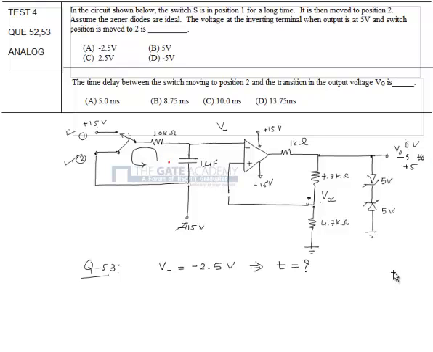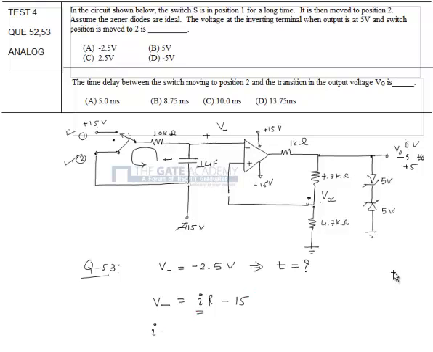So that depends only on discharge of this capacitor. Now let me calculate V minus. V minus is voltage across this capacitor, or whenever this resistor is connected to switch 2, it is voltage across resistor, that is IR, and minus 15. Now we don't know I.